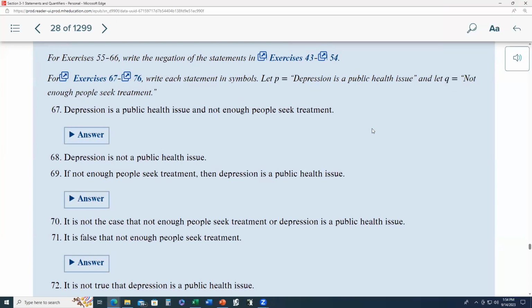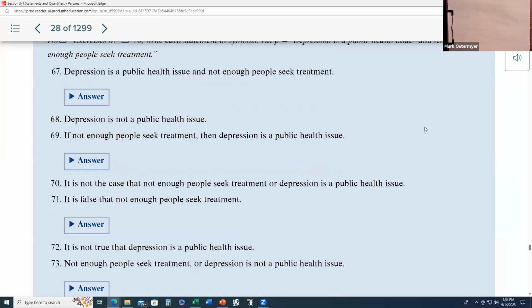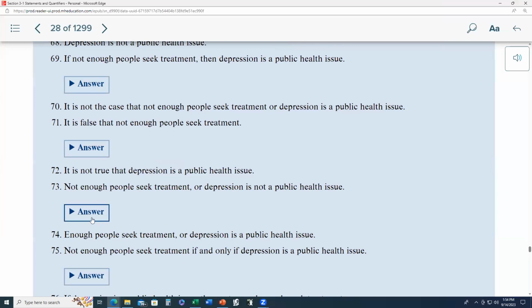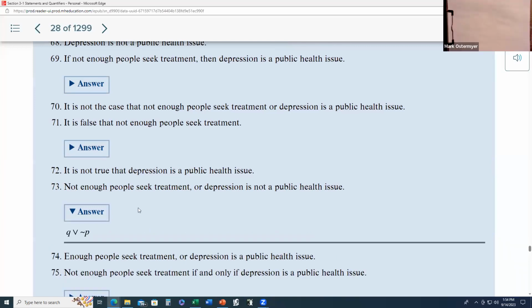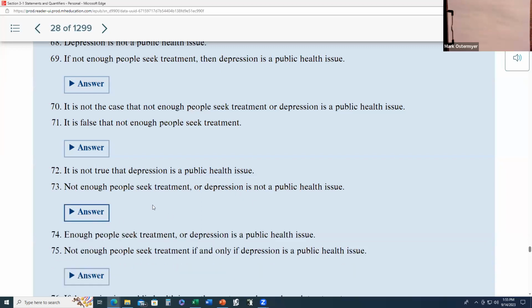Q, or, then using the downward V symbol, depression is not a public health issue, which means we're negating P, correct? Yes. So not enough people seek treatment, that would be Q, or, and then you're negating statement P, which is saying depression is not a public health issue. So that's the way it would be there.